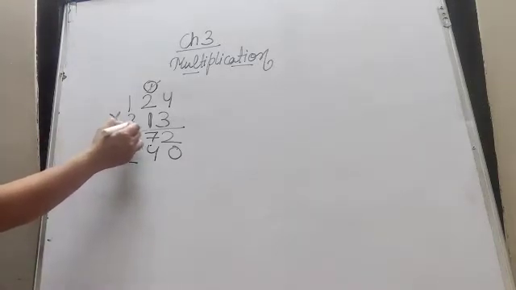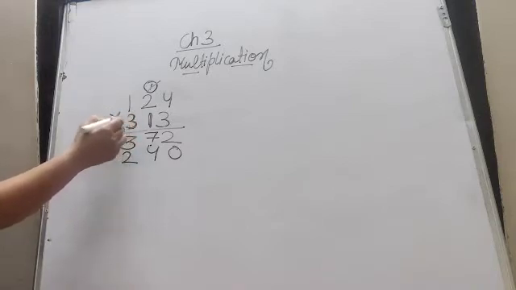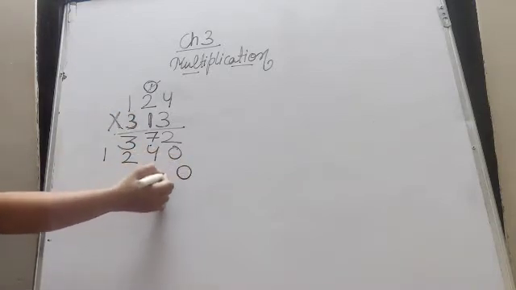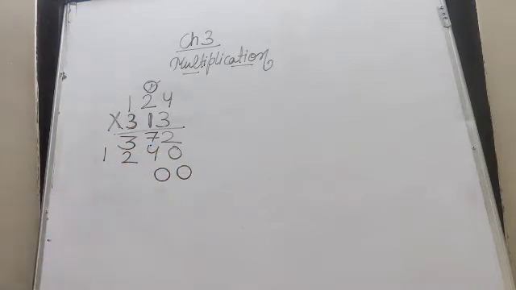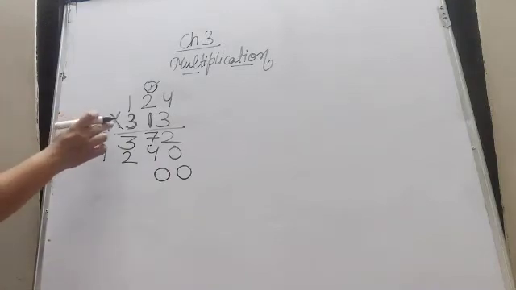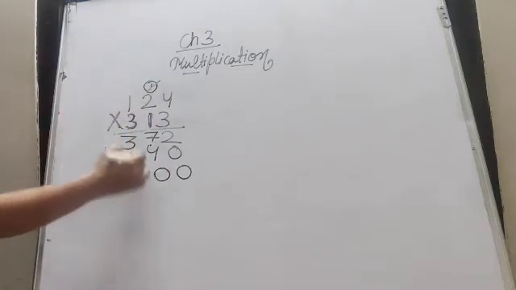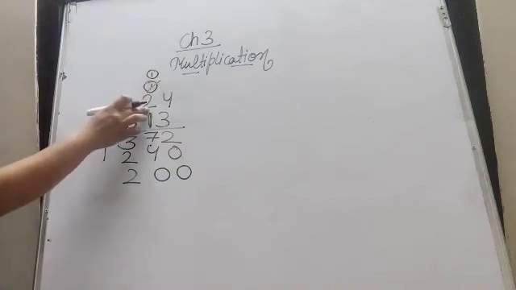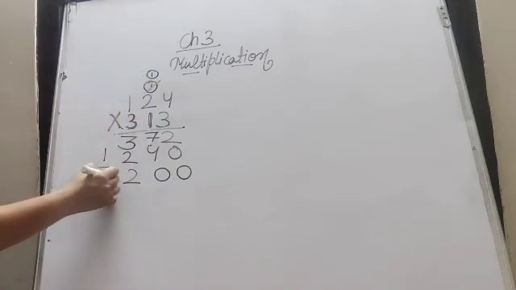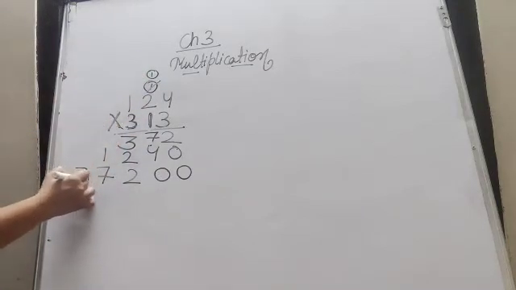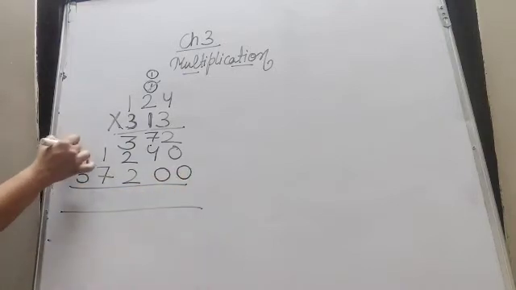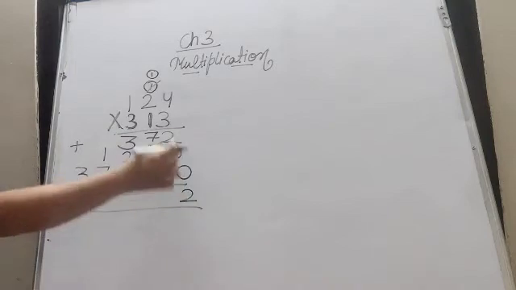Now here, this 3 left, it is at 100 position. So 1s and 10s 0. Now start from this. 3 4s are 12, 3 2s are 6 plus 1, 7, 3 1s are 3. Is it clear? Start adding.